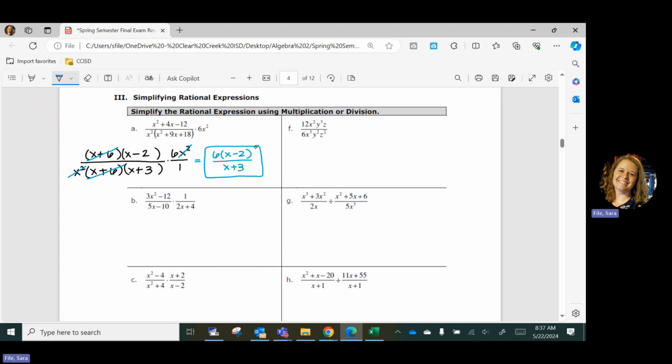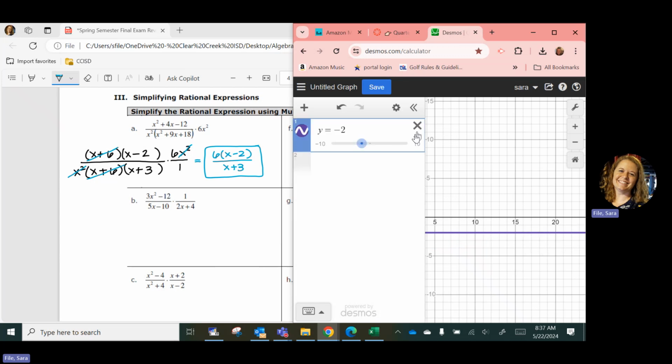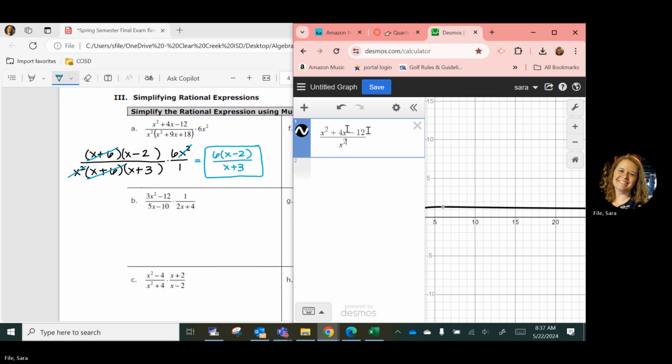Now, what I'm talking about in Desmos, let's say this was multiple choice and this is one of your answer choices and you're trying to check it. You can type in the original expression. Again, I would type the division first so you get your numerator and denominator. So I've got x squared plus 4x minus 12 over x squared times x squared plus 9x plus 18.